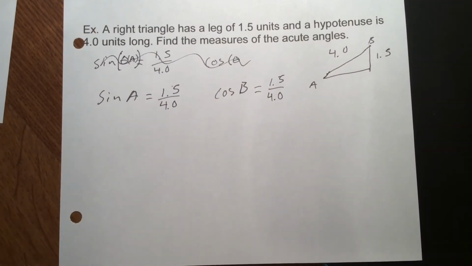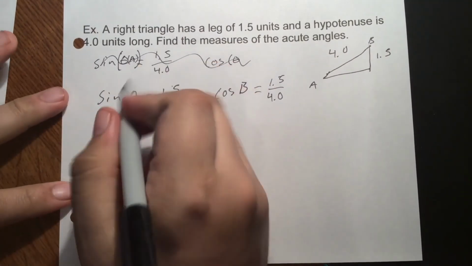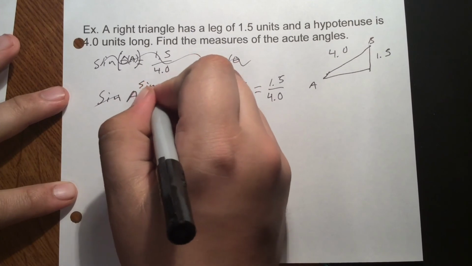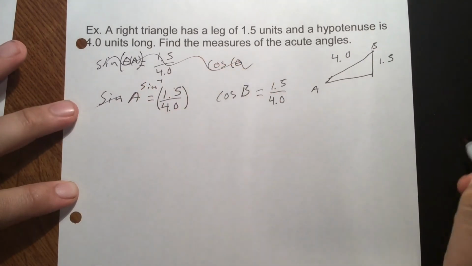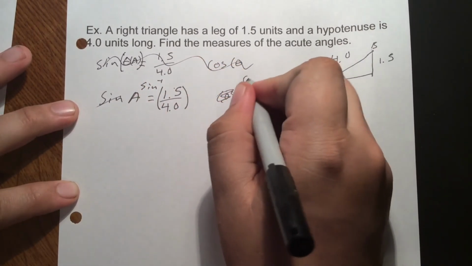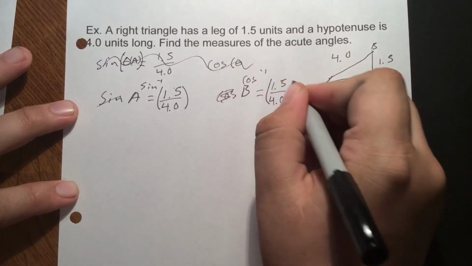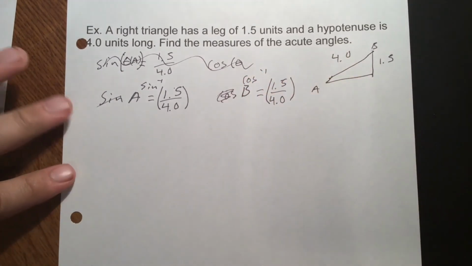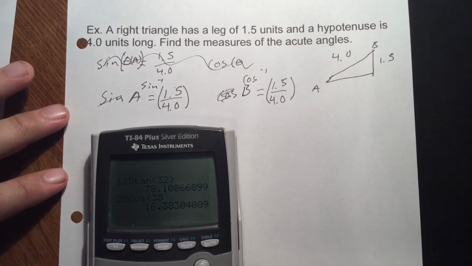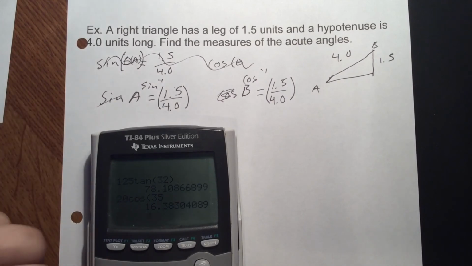Just like with tangent, if you're trying to find the angle, you use the inverse. So you're going to do sine inverse of the ratio. Over here, you're going to do cosine inverse of the ratio. So second sine, 1.5 divided by 4.